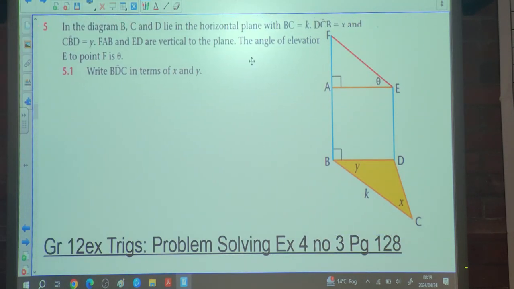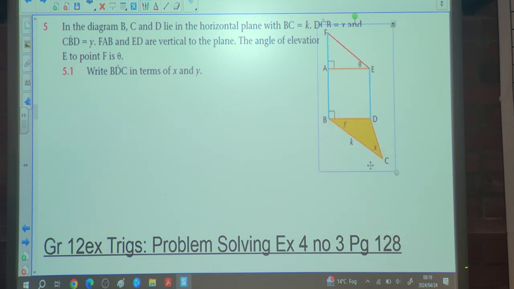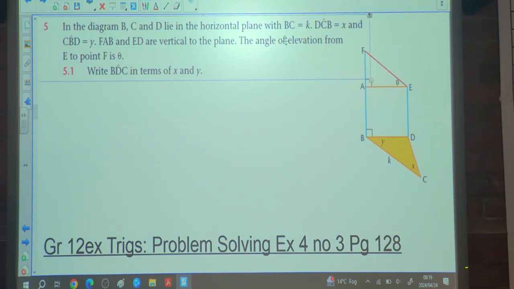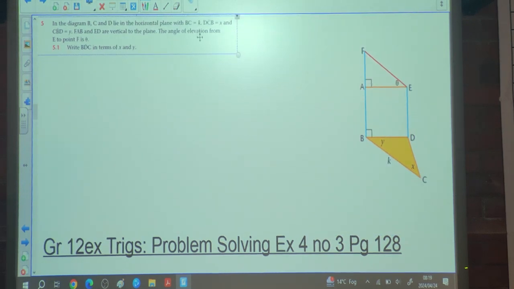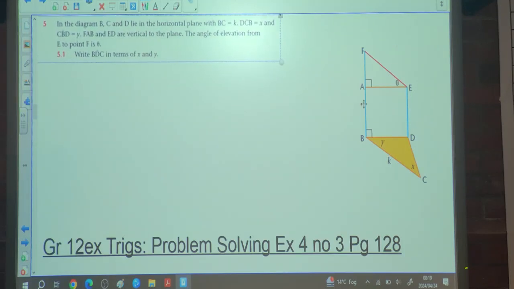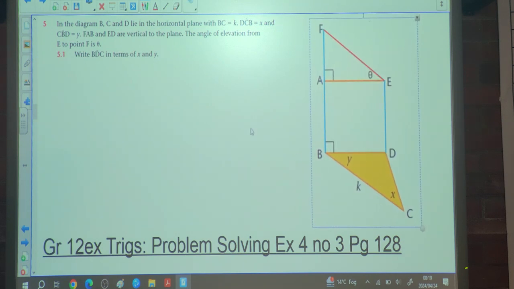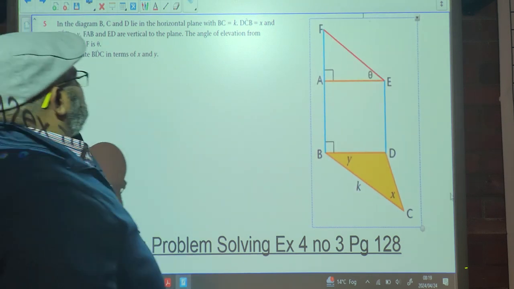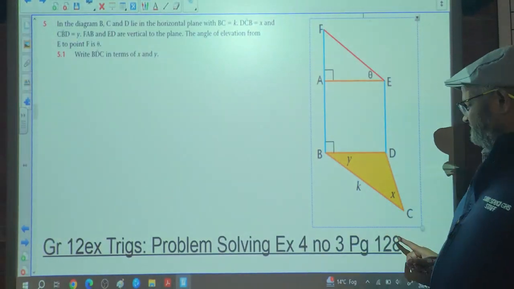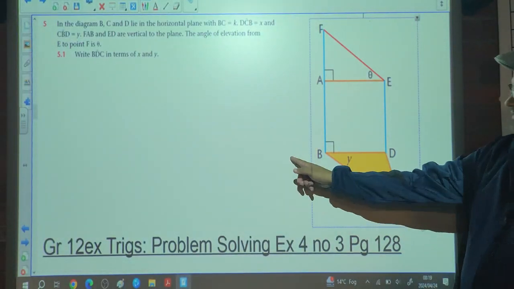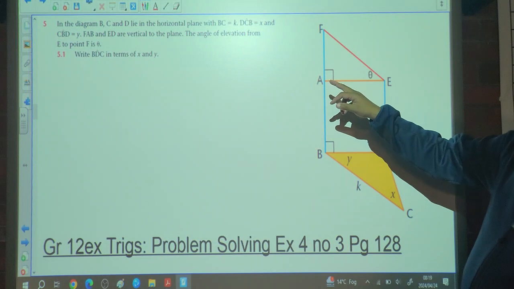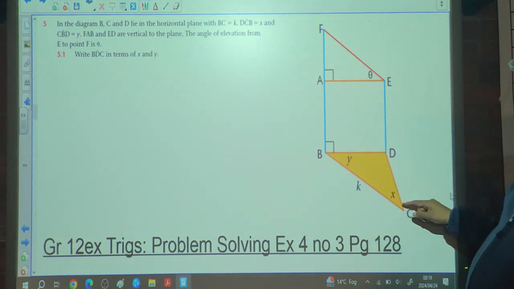Okay, so here we are told that, you make this smaller for now. So we are told that in the diagram, ABC lies in the same horizontal plane. Sorry, BCD.